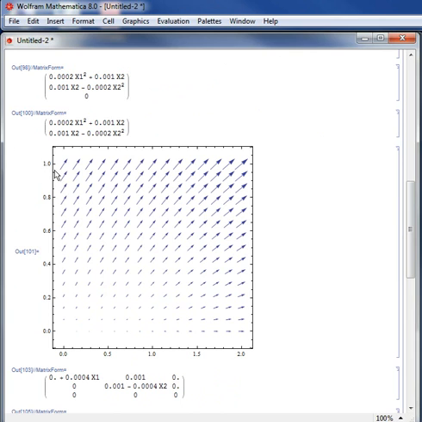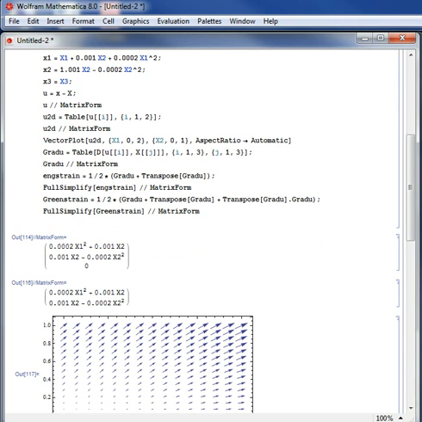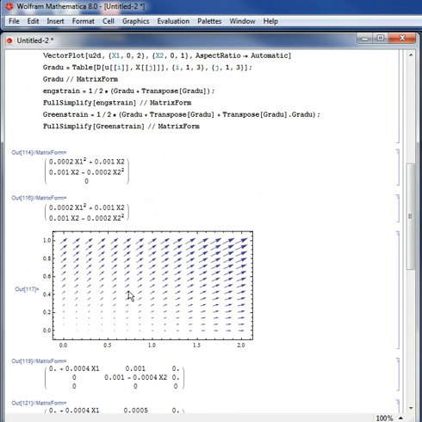Notice that the aspect ratio is not very good, because the plate has height of 1 and width of 2, and it just makes it into a square. So I'm going to add an option here, AspectRatio, and use Automatic. Shift enter, and I get the vector plot of the displacement in the plate.